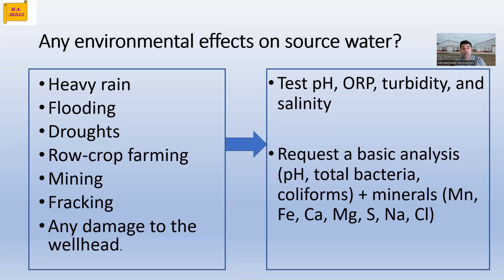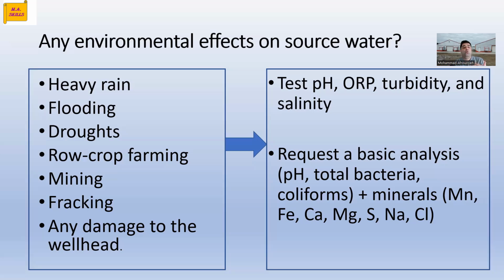For example, on your farm, you can use some tools that I'm going to introduce in my next video to test water pH, ORP. ORP stands for oxidation reduction potential, and I'll talk specifically about that in my next video. So the idea is ORP shows your water's power to kill pathogens.